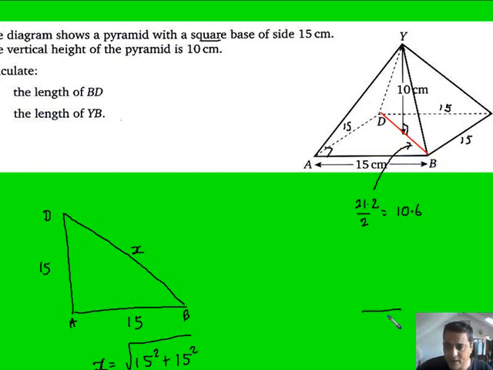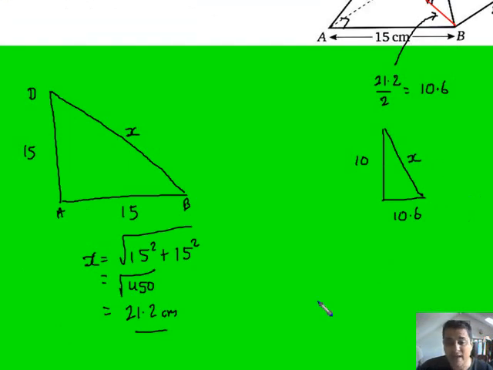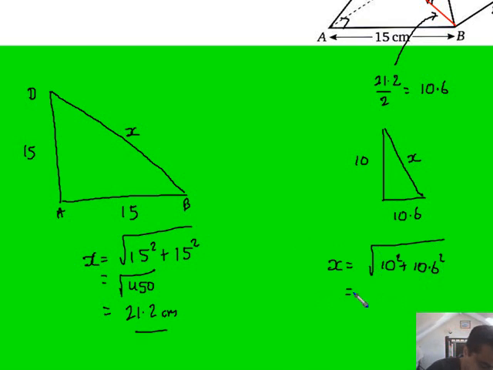So what have I got? I've got a, if you like, a base of 10.6. I've got a height of 10 because I've been told that's what I've got there, the pyramid, and I've got to work out the missing length, which is VB, and there it is. And so we can call that X, can't we? Again, yet another hypotenuse. These questions have not got harder yet in terms of finding the shorter side, but anyway, let's just work with it and just get better and better. Again, X on its own is going to be 10 squared plus the 10.6 squared, the two smaller ones, and then we're going to square root them. So 10.6 squared is that.